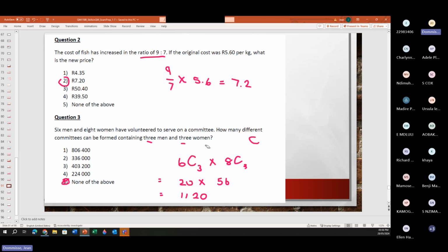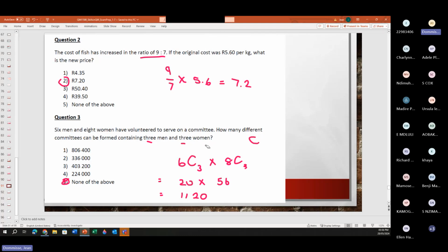So they might ask a similar question: there are 6 teachers on a committee. One of them needs to be the headmaster, one of them needs to be the vice headmaster, and the others don't matter.